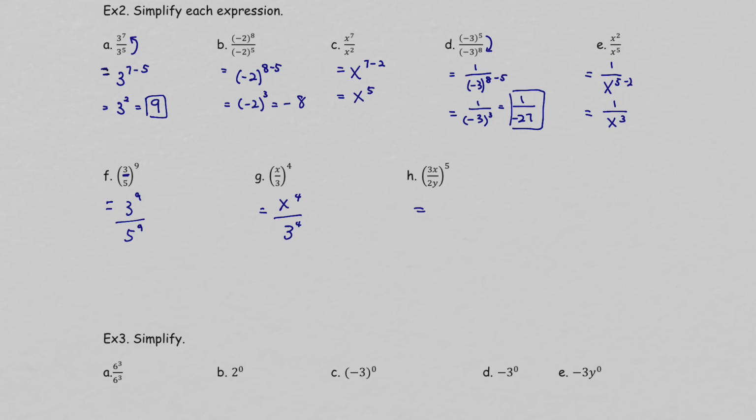This is not only distributing to the numerator and denominator, but you also have a multiplication. So distribute into all the factors, right? So we'll give you 3 to the 5th exponent, x to the 5th exponent over 2 to the 5th exponent, y to the 5th exponent.